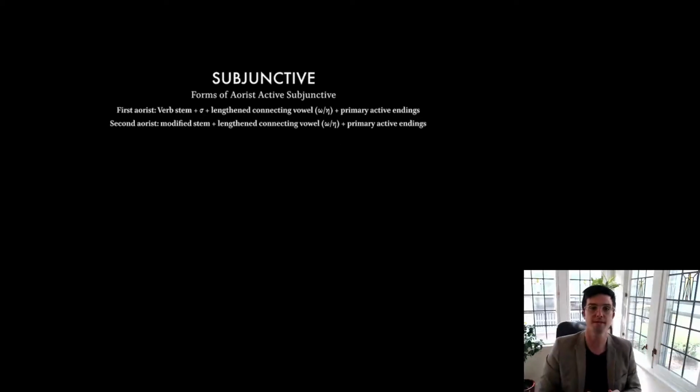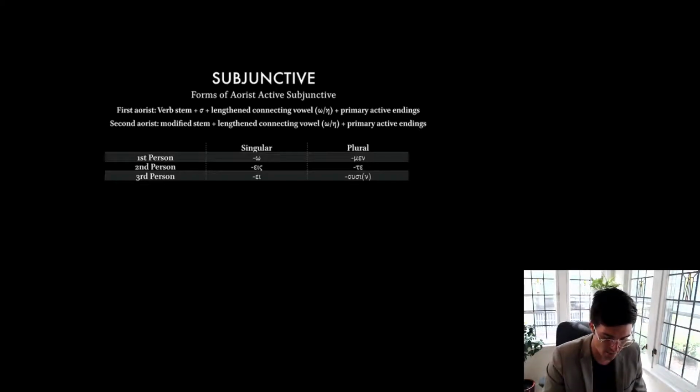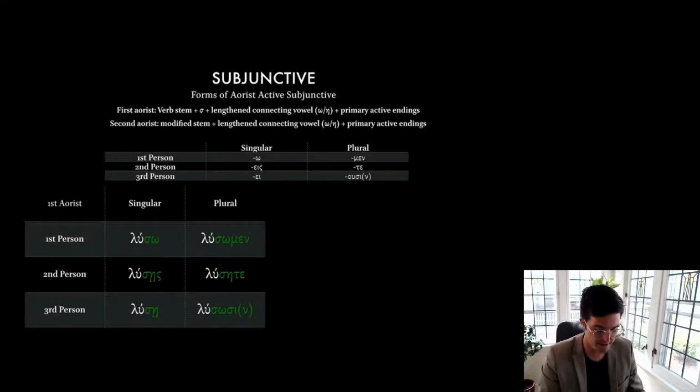Two different forms of the subjunctive, our first aorist and our second aorist. In the active here, we have our primary active endings, once again, o, eis, ei, omen, ete, ousi. On the first aorist, we have the sigma as our sign of the first aorist.